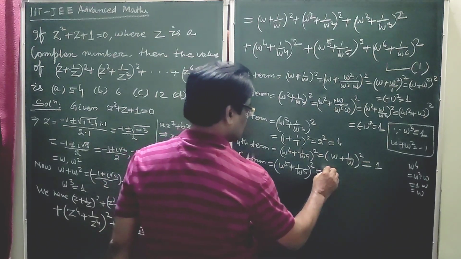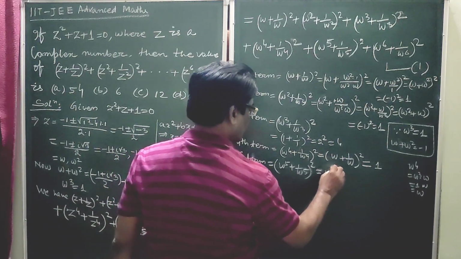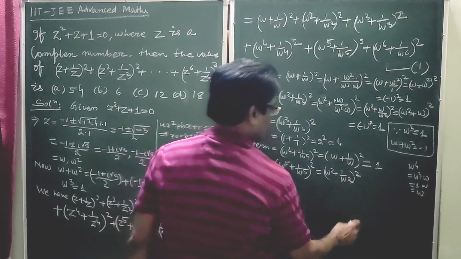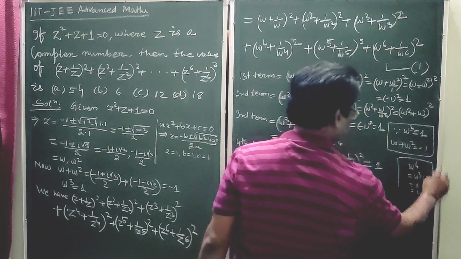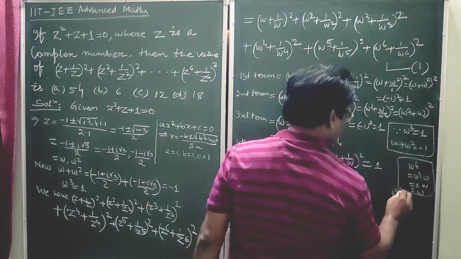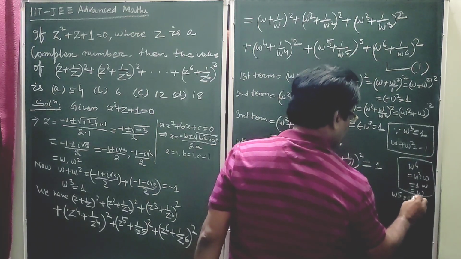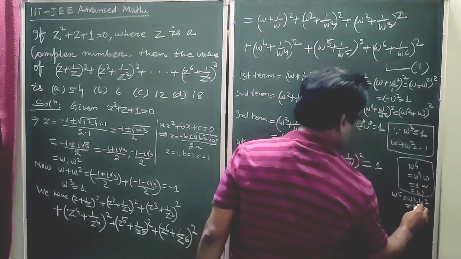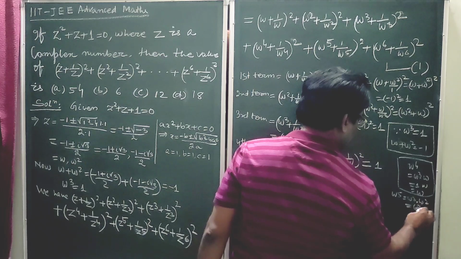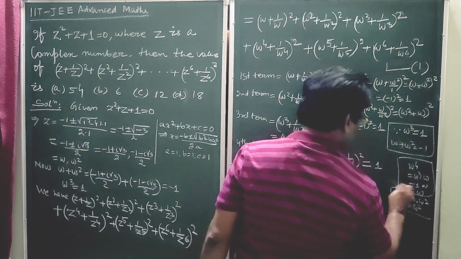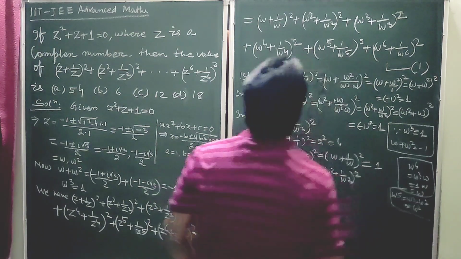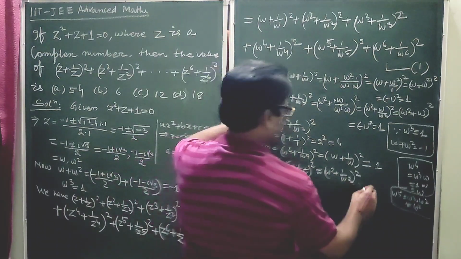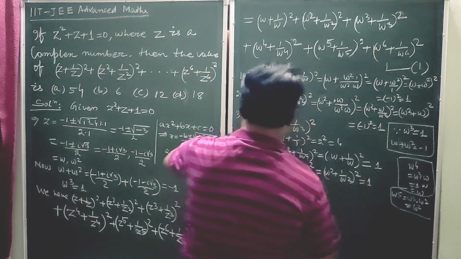This is equals to (omega square plus 1 by omega square) whole square, because omega to the power 5 is equal to omega cube into omega square is equal to omega square, as omega cube is equal to 1. So we get the second term again, which is equals to 1 again.